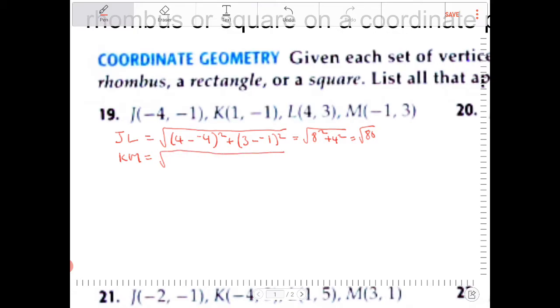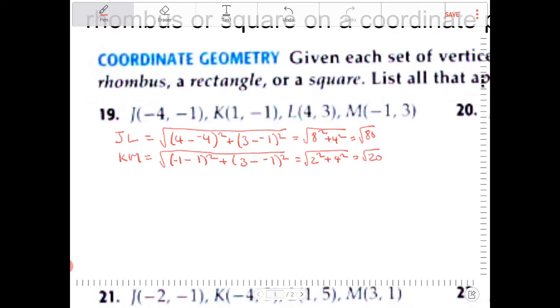We're going to do negative 1 minus 1 squared plus 3 minus negative 1 squared. If we perform the computation, this is really 2 squared plus 4 squared, which is 4 plus 16, so the square root of 20. The diagonals are clearly not the same, so it's definitely not a rectangle.